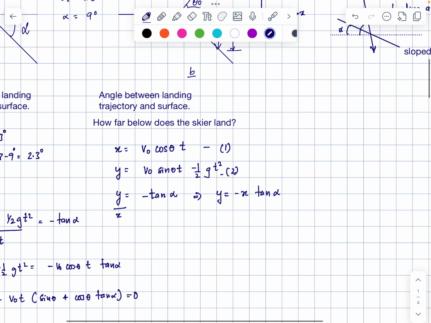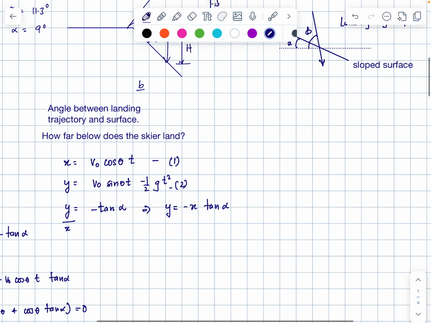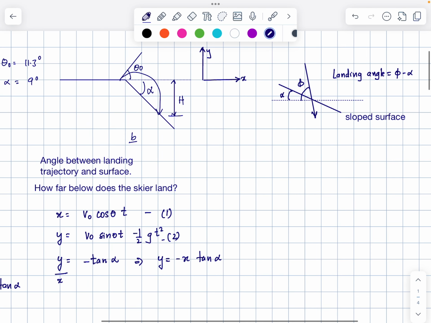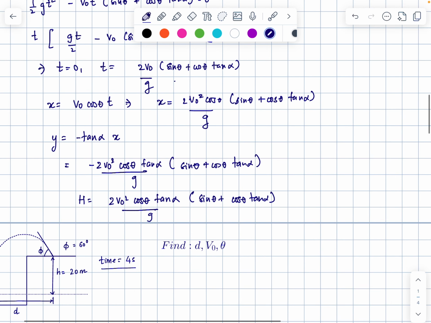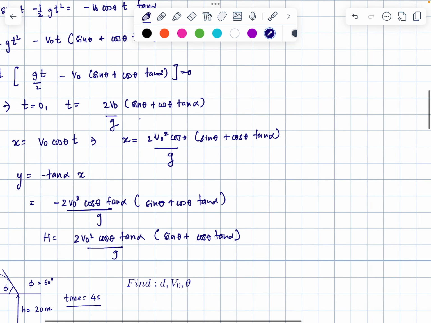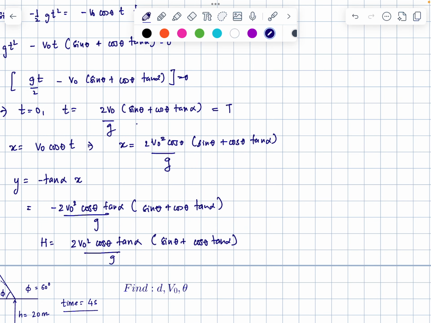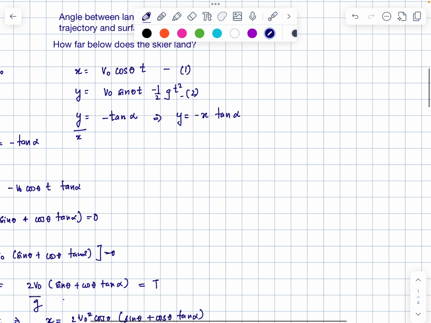the skier has dropped. Now the question to us is, what is the angle that the skier makes with the horizontal? Here let us call this time of flight as t star, as capital T, and that will help us.